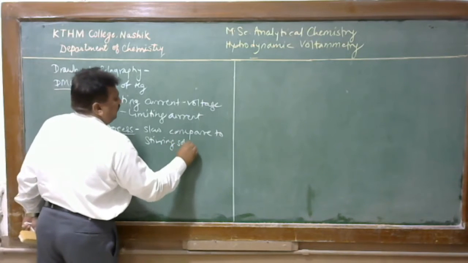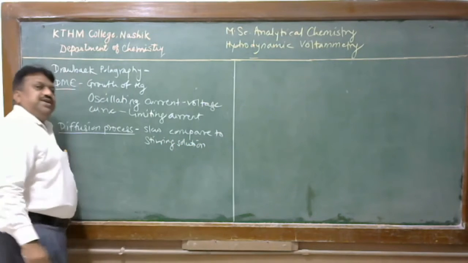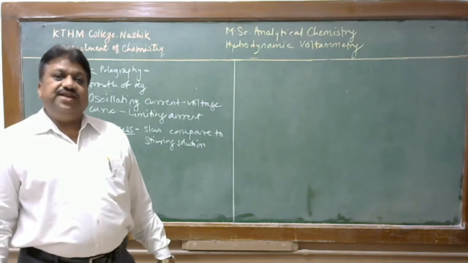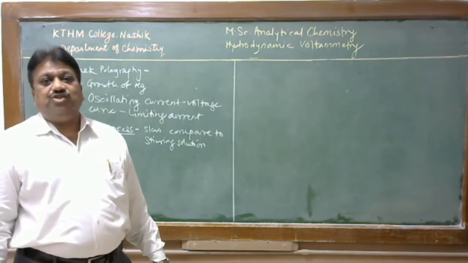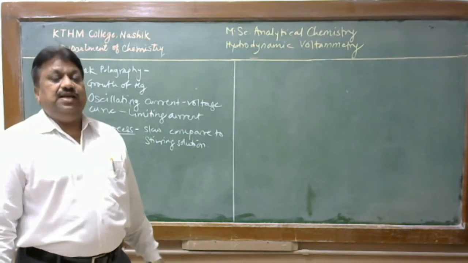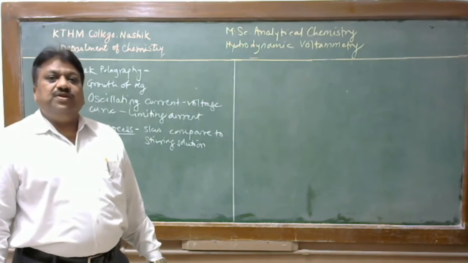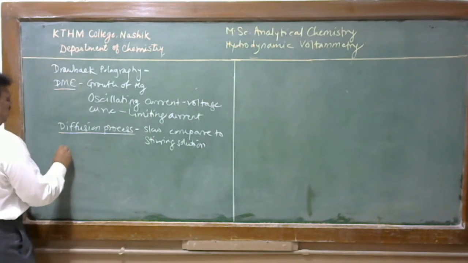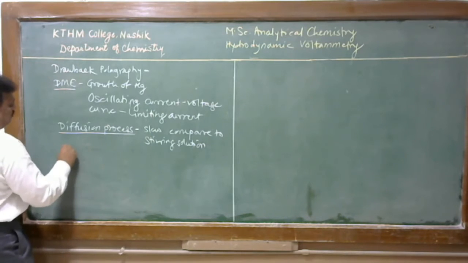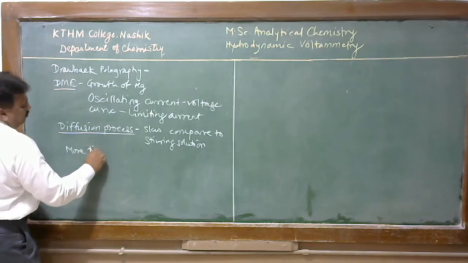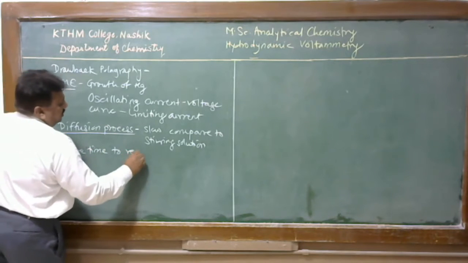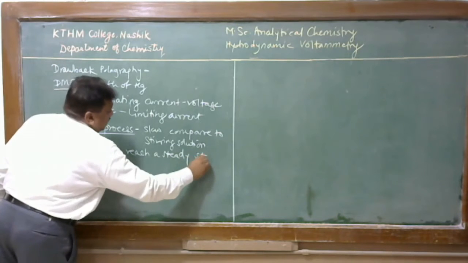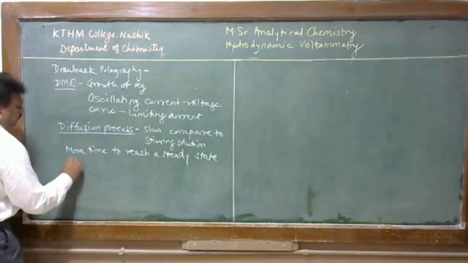Therefore, by stirring of solution, analyte is transported at a faster rate, and a steady state in limiting current will be achieved very easily and fast in case of hydrodynamic voltammetry. Diffusion process is slow and it takes more time to reach a steady state in diffusion current, steady state in limiting current.